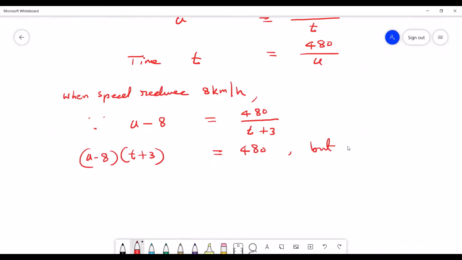But we know t is equal to 480 by u. So we will replace t with 480 by u.